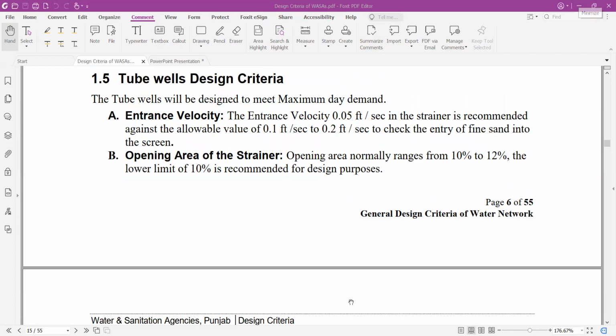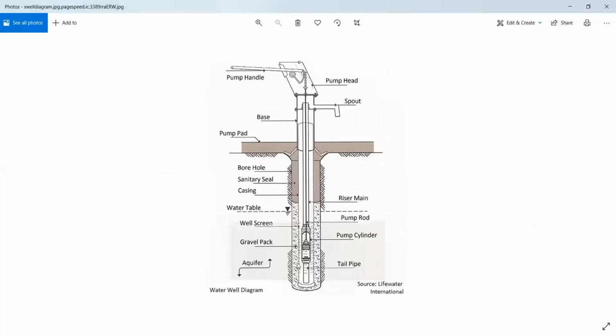Okay, let me open the diagram I want to show you. So basically this tube well has a rising main, and casing is provided throughout this rising main. The gravel pack at the end is provided so that sands and other particles cannot enter into that tube well. So it's the aquifer, and that is a tailpipe.